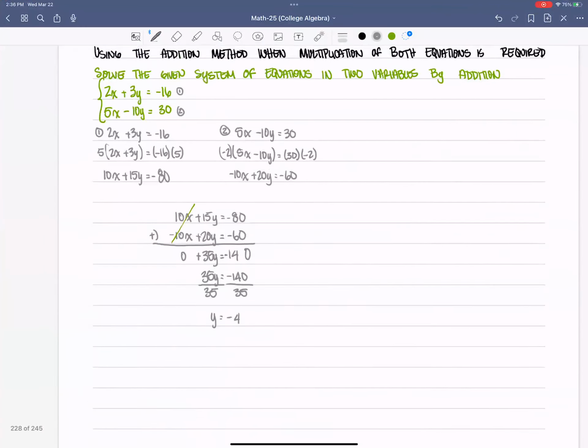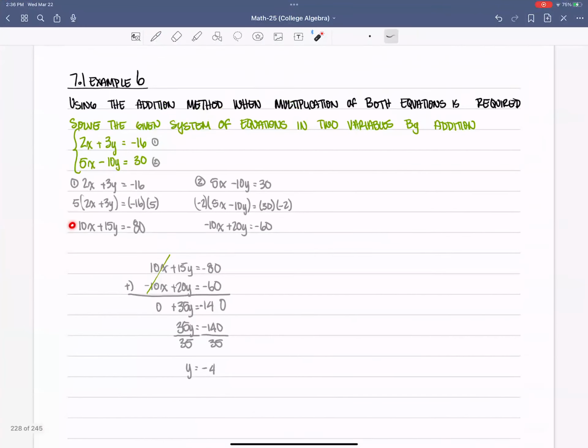We could use any one of these equations. We could use this one, this one, this one, or even this one. I don't recommend using these, just in case you did make a mistake and brought the mistake over here. I always recommend using one of the original problems. We're looking for x, so I'd rather work with 2's rather than 5's.